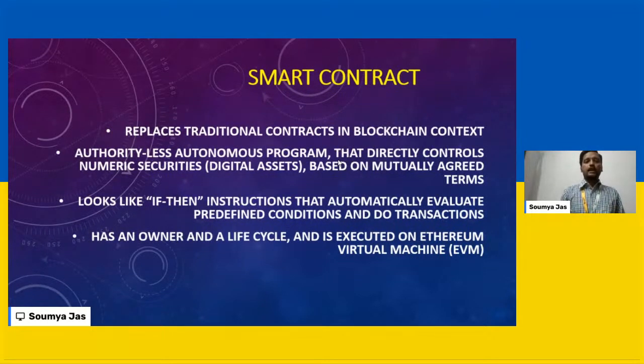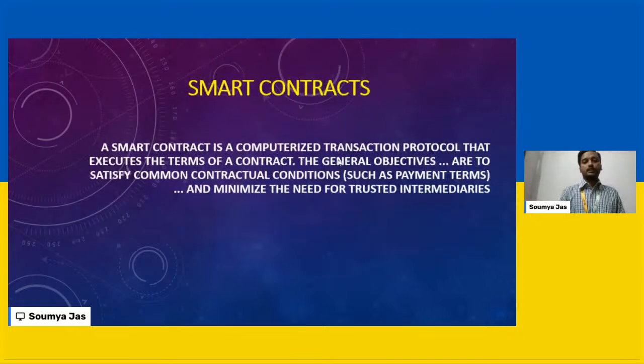It has a life cycle and is executed on the Ethereum virtual machine. Suppose anyone performs a transaction in the Ethereum network using the Ethereum virtual machine, the transaction needs to be fulfilled. That is the whole concept of this.